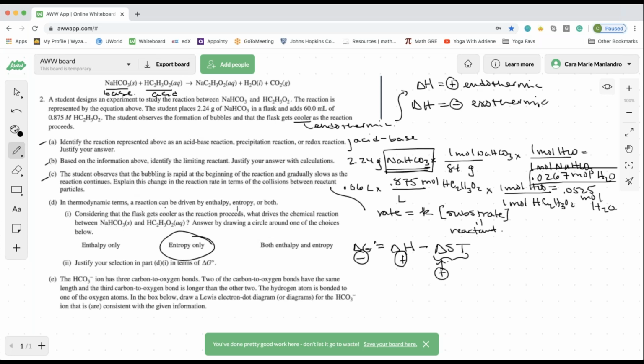Good question. So the question is, how do you know that delta G is negative? I'm assuming that because the reaction is occurring, it's a spontaneous reaction, AKA we're not adding energy to get the reaction to go. Does that make sense?